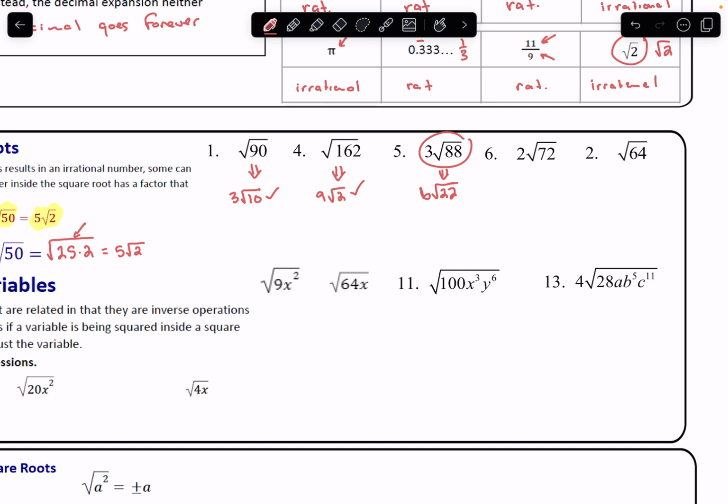If I'm wrong, come tell me tomorrow. 2 square root 72. 72 is 36 times 2. So you're going to end up with a 6 that comes out since that's the square root of 36. So you get 12 square root 2. You don't need to know how that works. You just need to plug it in the calculator, get the answer. Square root 64, you should just get the answer 8, okay?